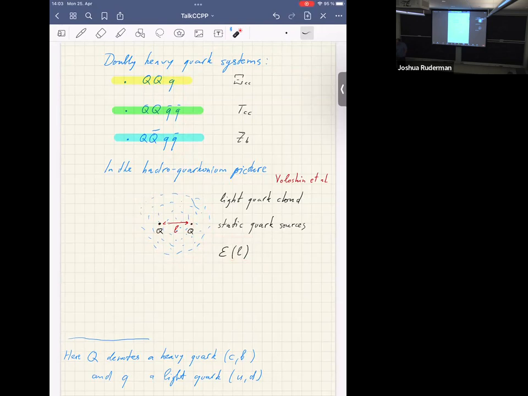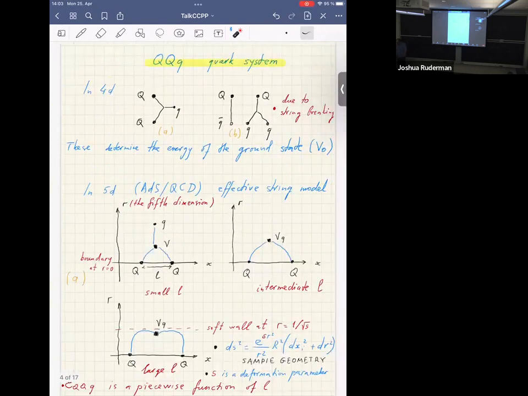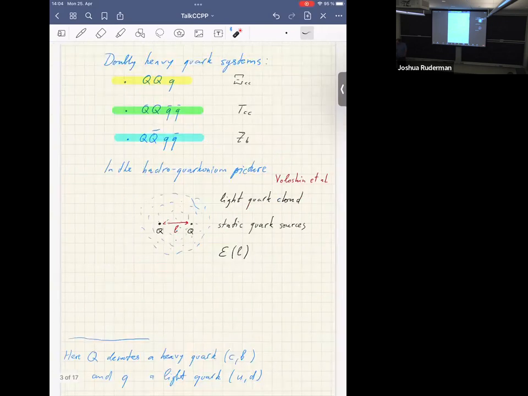And the first example is the doubly heavy baryon. In this case, you know the quark model well in 4 dimensions. The point with this picture is that because heavy quarks are very heavy, they are non-relativistic.